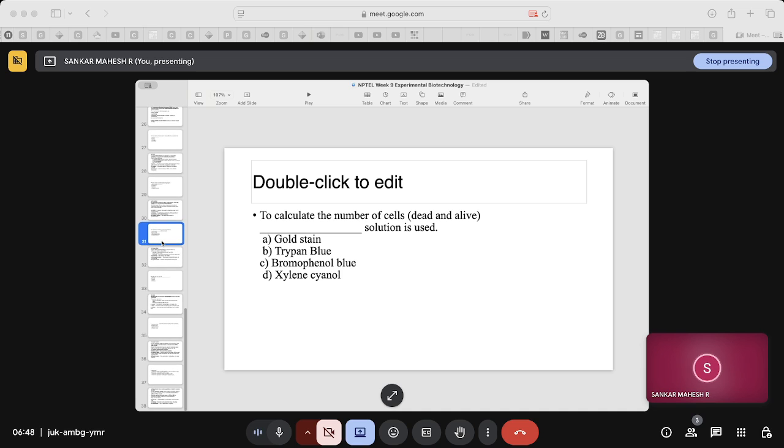The next question is, to calculate the number of cells, dead and alive, dash solution is used. Giemsa, trypan blue, bromophenol blue, xylene cyanol. You can take a couple of minutes to think about this.